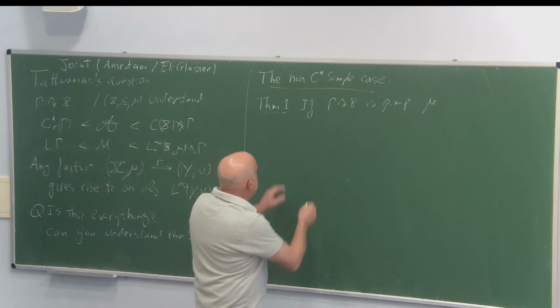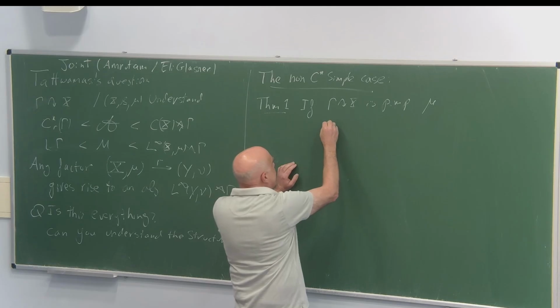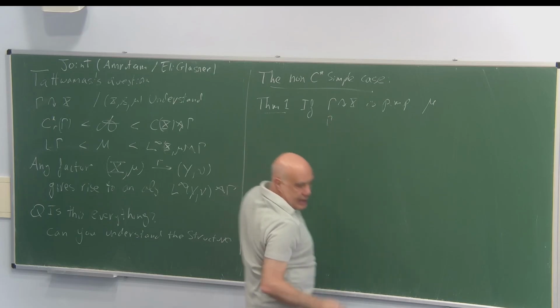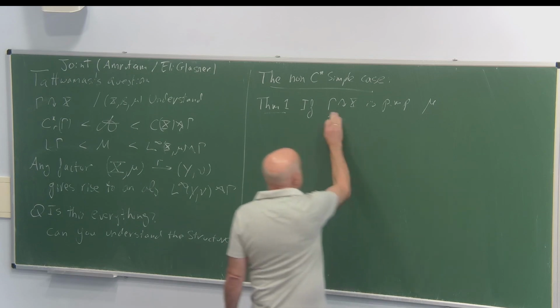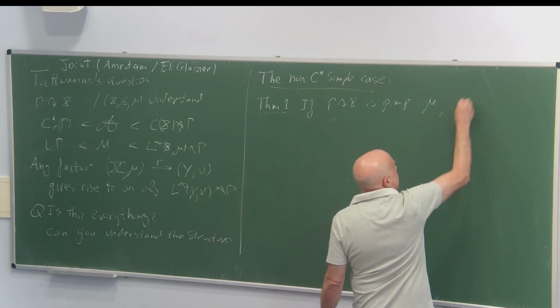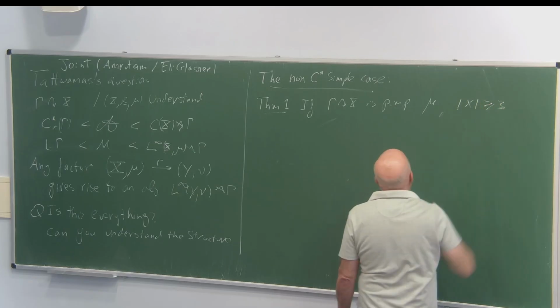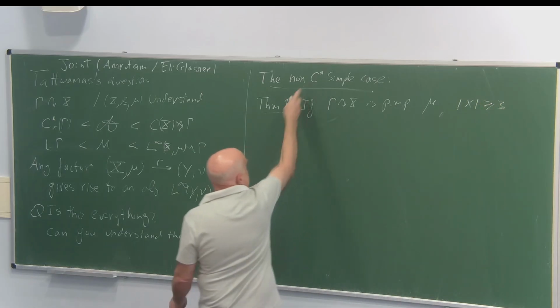And assume further that X has at least 3 points and gamma is not C-star simple.